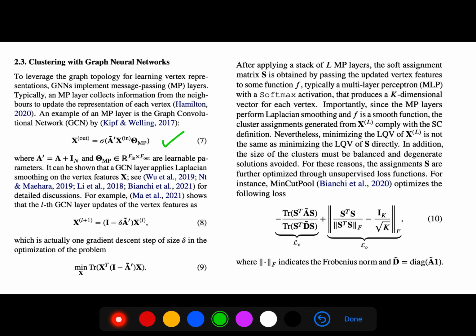So an example of a message passing layer is graph convolution, A X theta. A is just the adjacency, X is the hidden value, and theta are the learnable parameters.